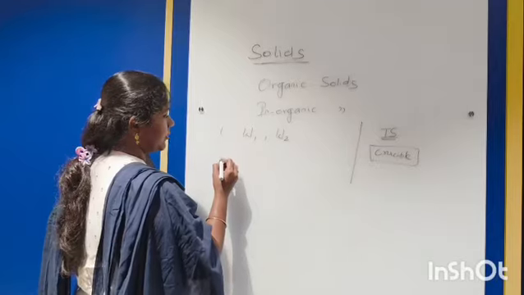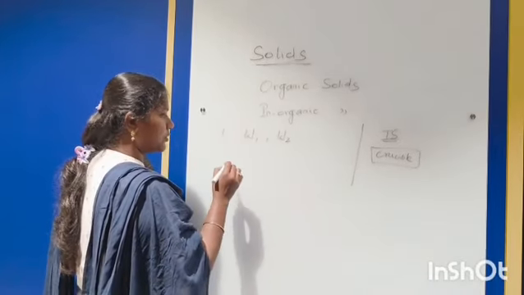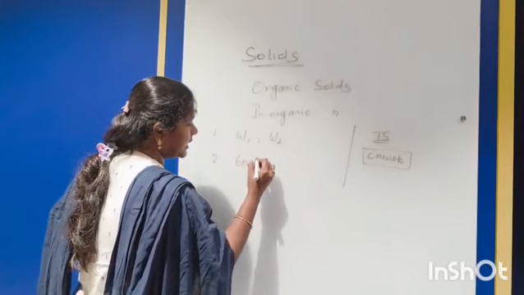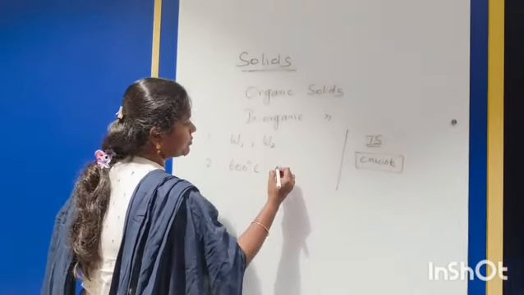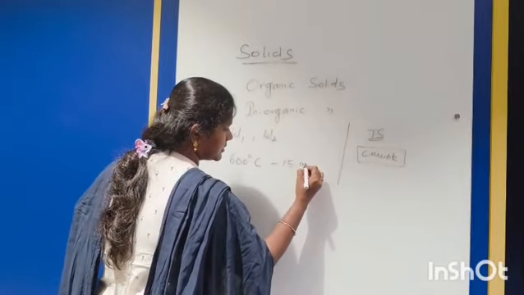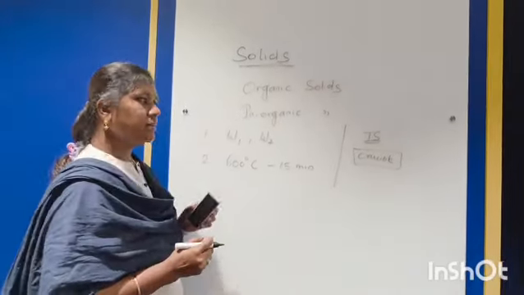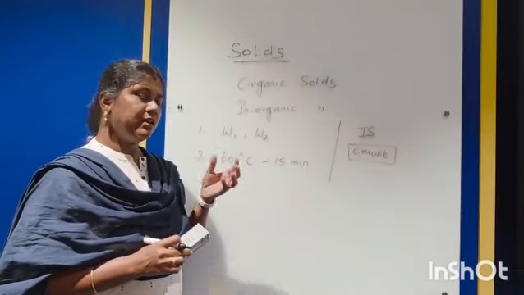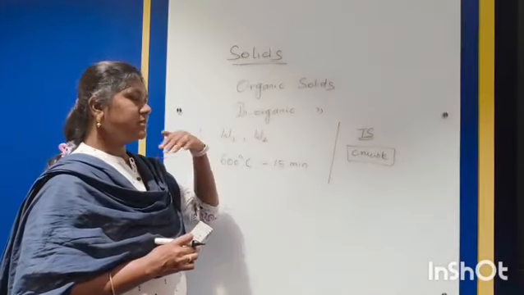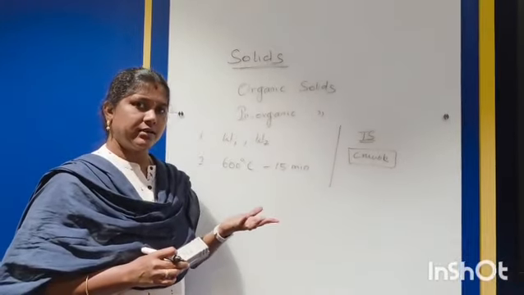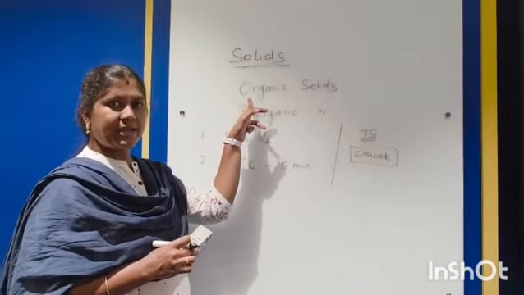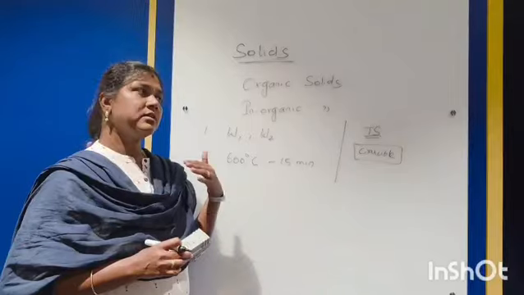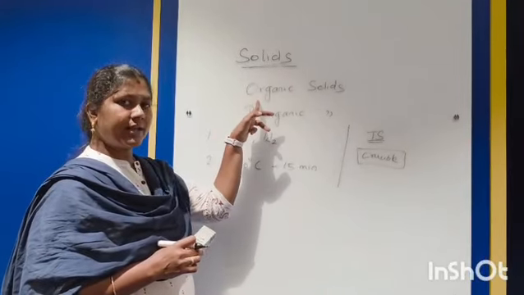For the W3 determination, we keep the same crucible inside the muffle furnace at 600 degree temperature for 15 minutes. So what will happen? The solids present on the crucible will be burned. That will be considered as the organic solids. All the organic matter will be burned and evaporated. We can also call it volatile solids.